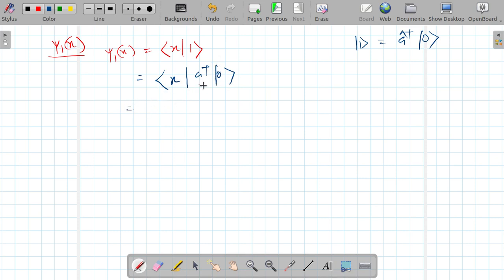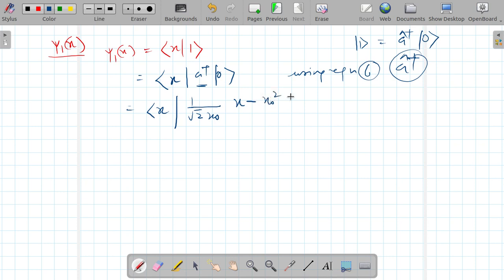Now let us substitute the value of a dagger using equation 6. So it is 1 by root 2 x naught, x minus x naught square d upon dx, and this is ket 0.